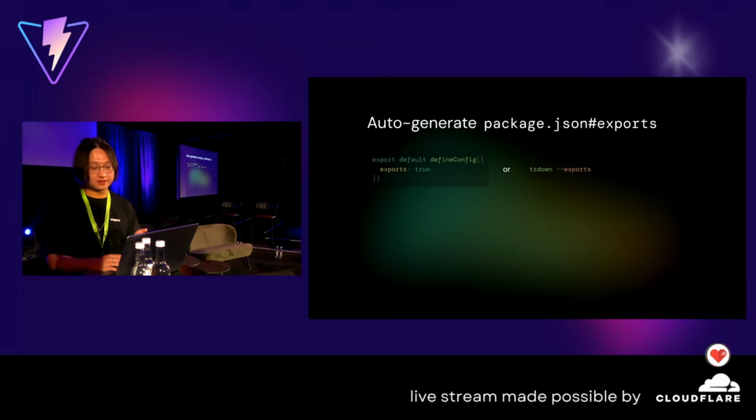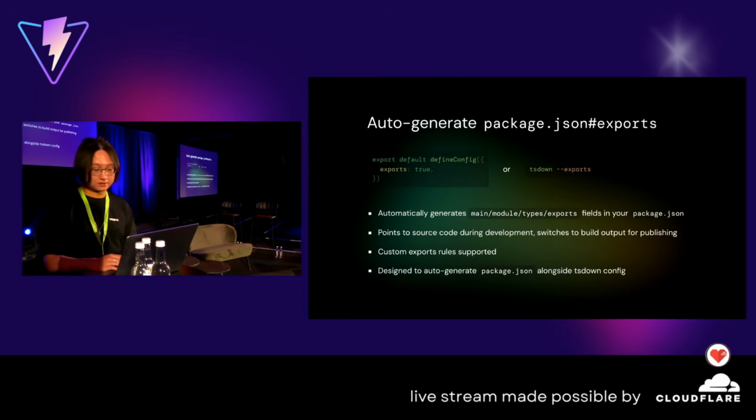Besides that, tsdown can also automatically generate the exports and other fields in your package.json. So it detects and fills fields like main, module, types, and exports for you, no manual setup needed. During development, those fields can point to your source code, like under the src folder, making it easy to work directly with your source.